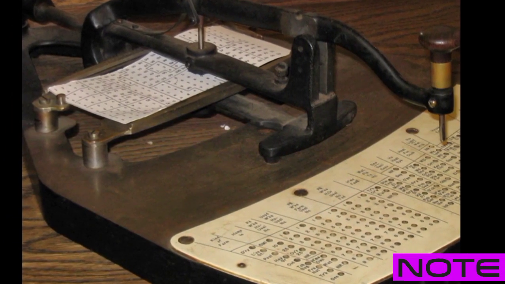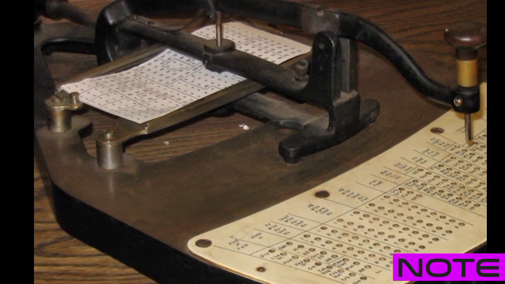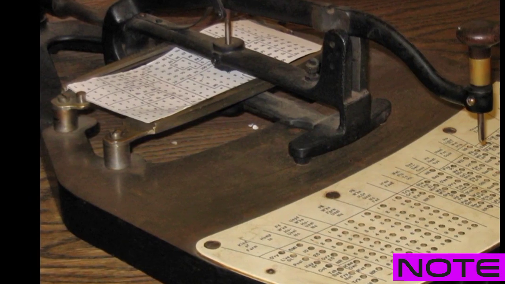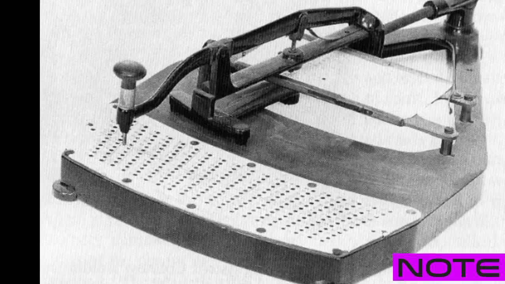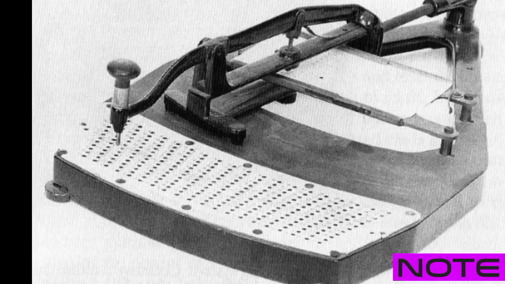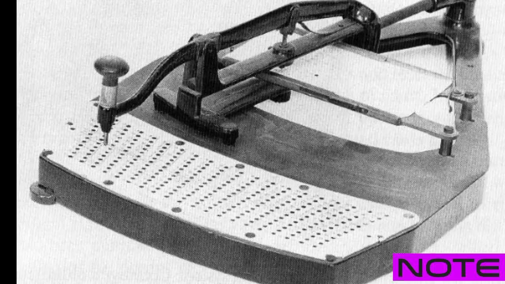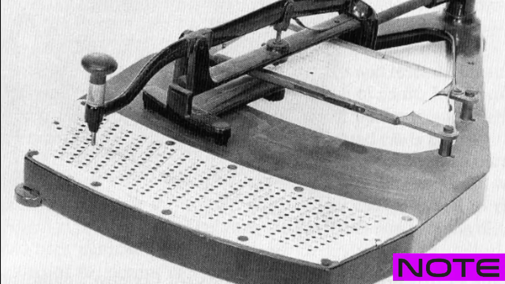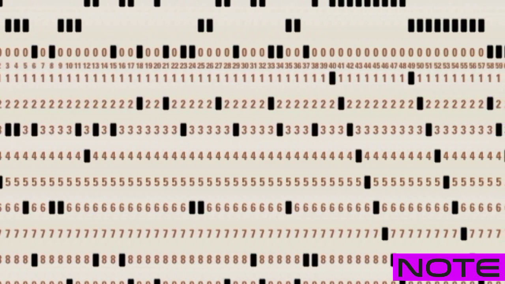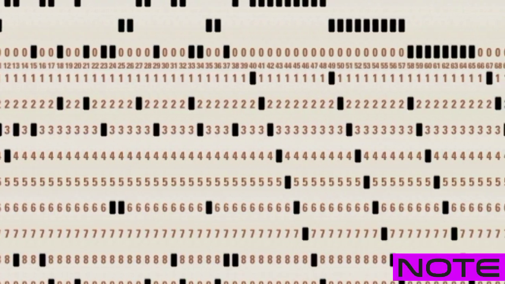The most commonly used code to encode data into the card is the Hollerith code, where a single character is punched in each column of the card. The punching machine contained a hopper where the blank cards are first stacked. The operator then uses a keyboard to enter the data, which is then punched into the card by proper electromechanical mechanisms.